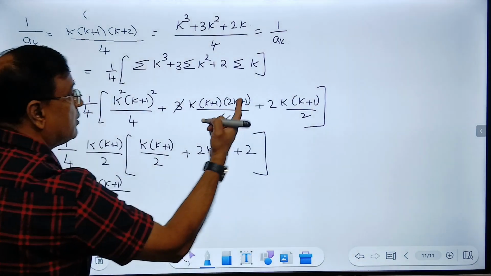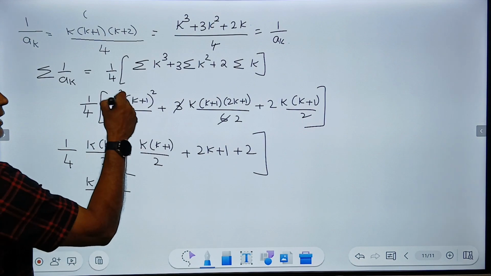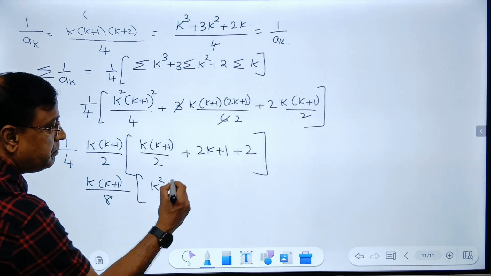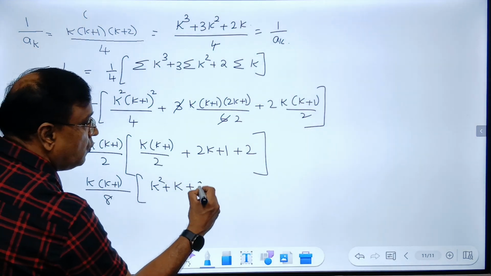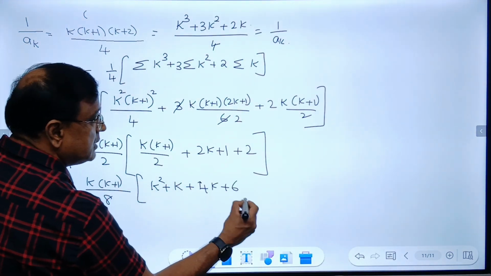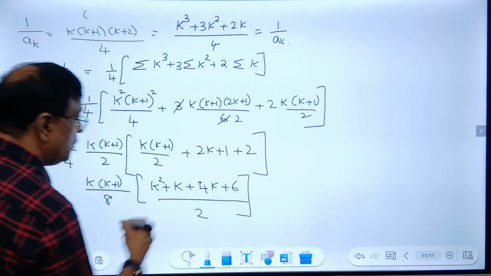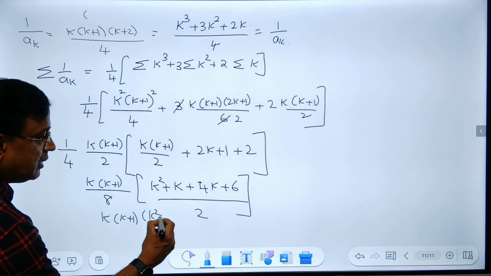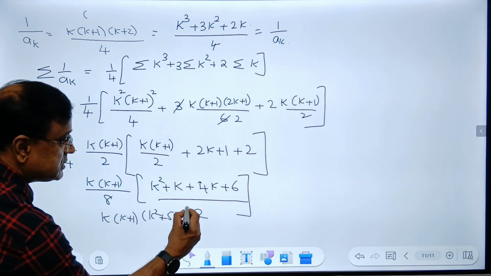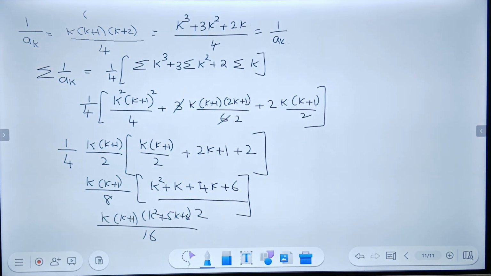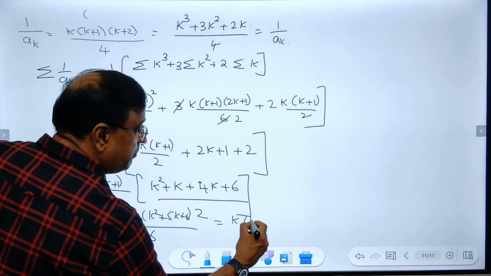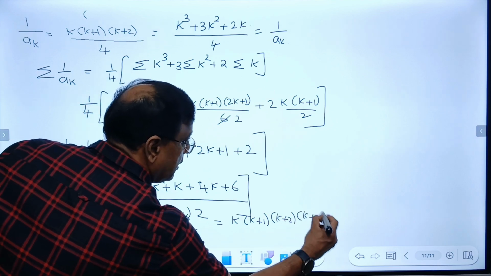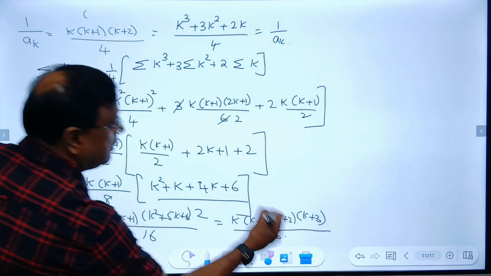Actually you can put n, okay? It should have been n. I wrote k. I don't want to change it now. This will be k square plus k plus 4k plus 6 divided by 2, which is k into k plus 1 into k square plus 5k plus 6 by 16, which is nothing but k into k plus 1 into k plus 2 into k plus 3 by 16.